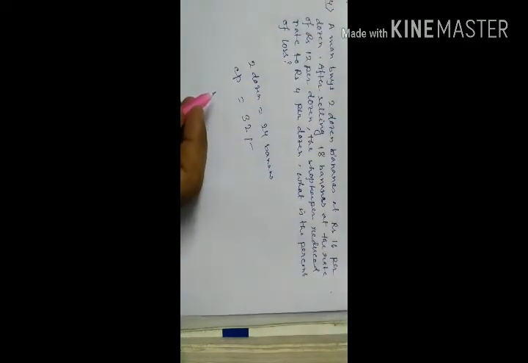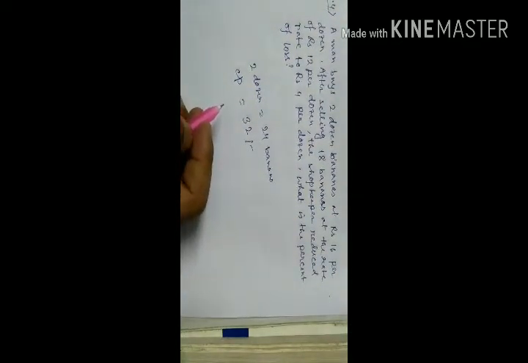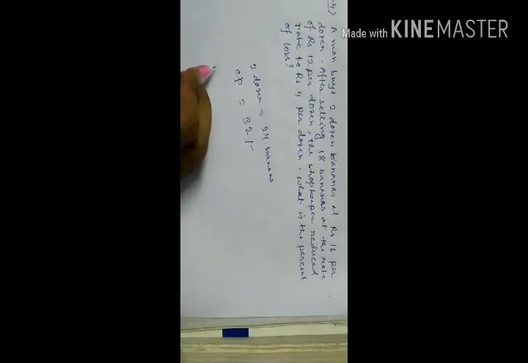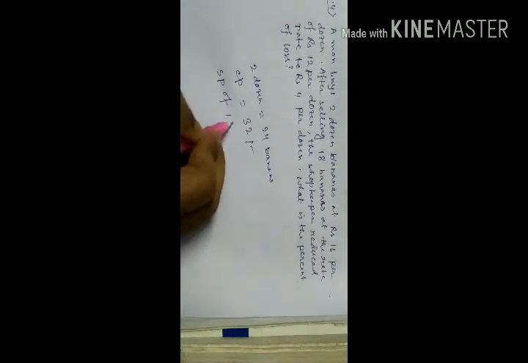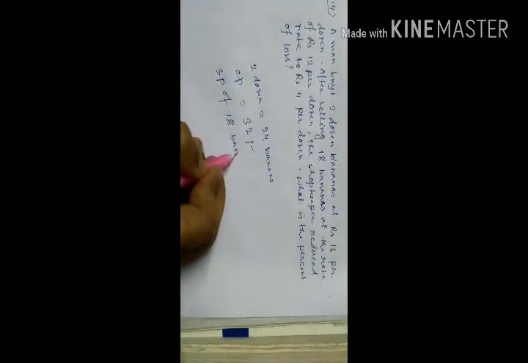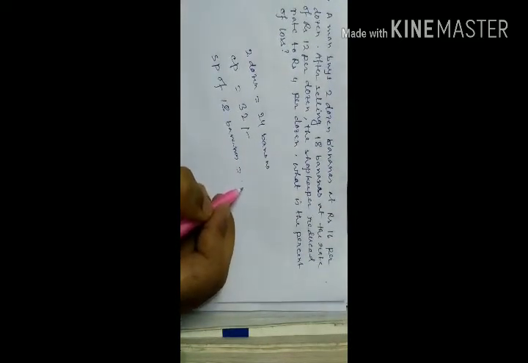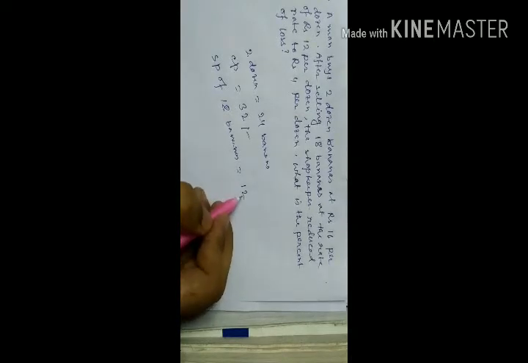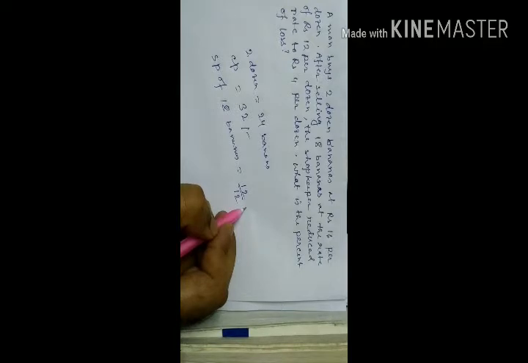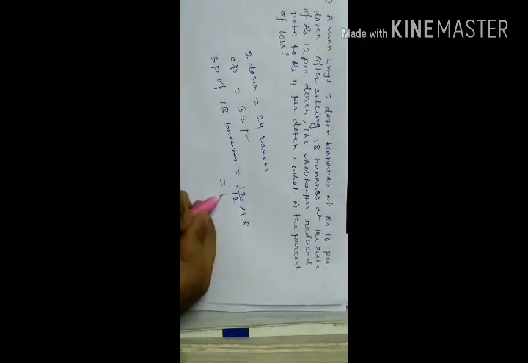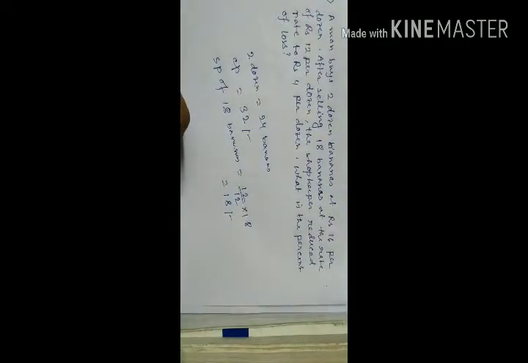And at first, after selling 80 bananas at the rate of rupees 12 per dozen, that is the SP of 18 bananas equals 12 per dozen. That means the SP is 12 into 18 rupees, because at 12 per dozen, that means 1 rupee per 1 banana.